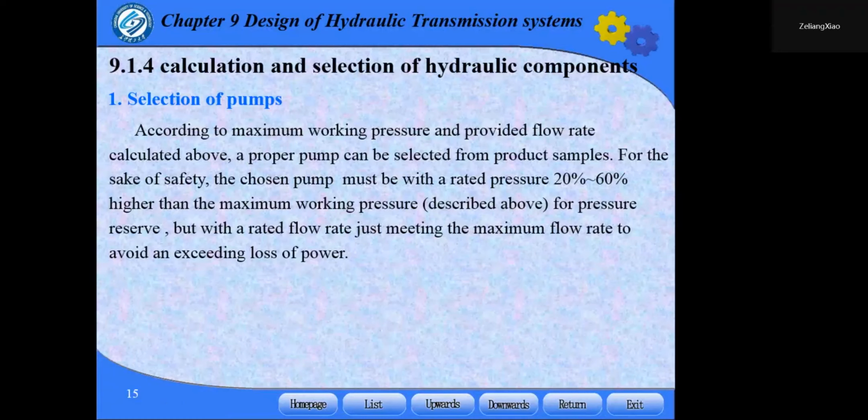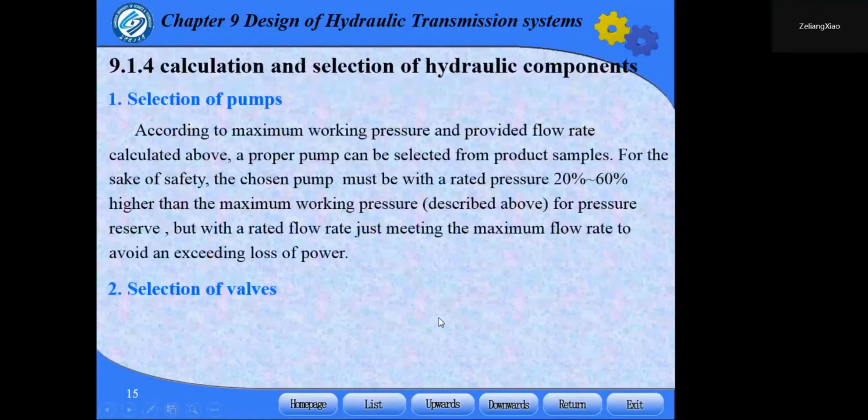For the sake of safety, the pump must have a rated pressure between 20% and 60% higher than the maximum working pressure, as a pressure reserve, but with the rated flow rate just meeting the maximum flow rate to avoid a steady loss of power.